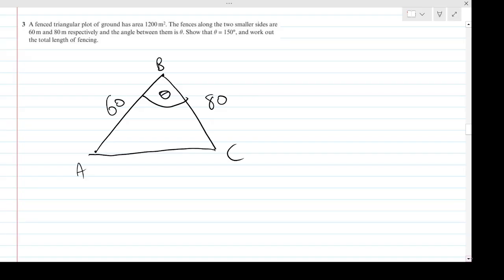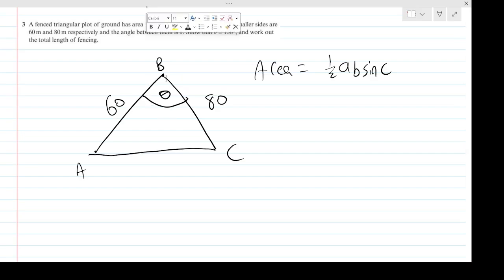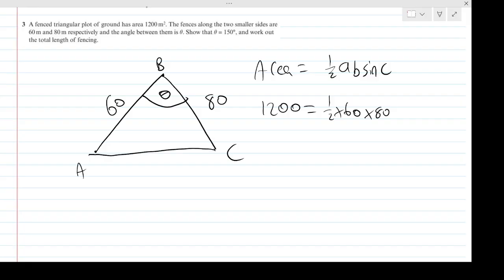Okay, so again, we're given the area is 1,200. So that's screaming I need to consider the half ab sine C formula, because that's the area. Well then, we can use the formula because we've got two sides next to an angle, right? This theta is in between two sides, so this area of 1,200 is going to be half times one side 60, the other side 80, and then sine of theta.